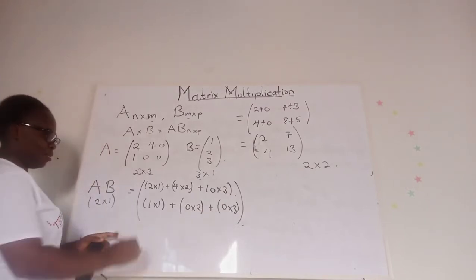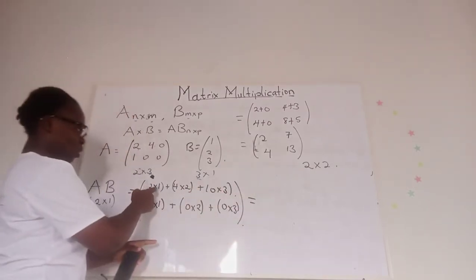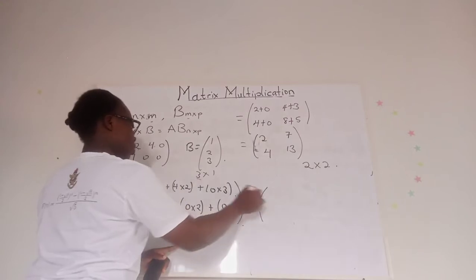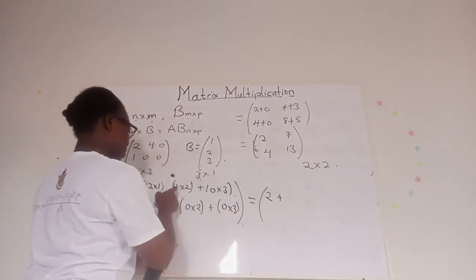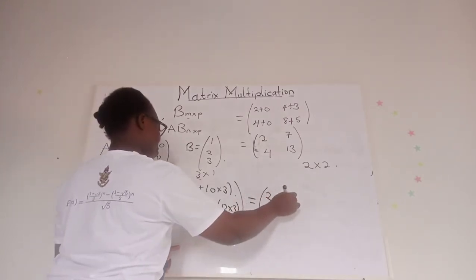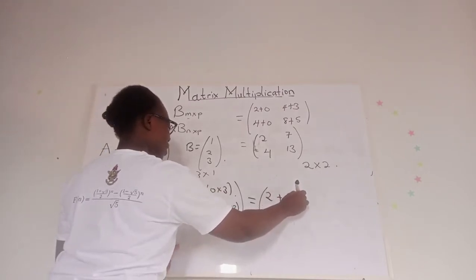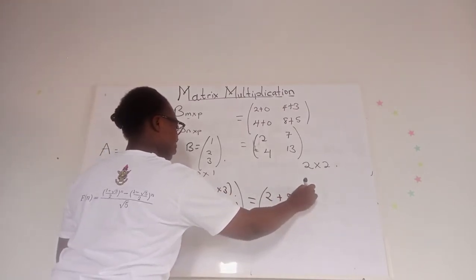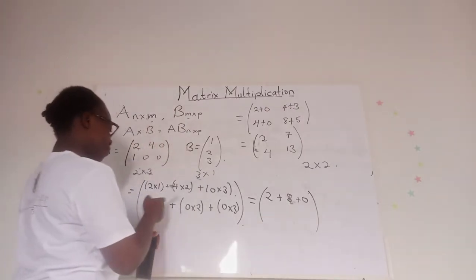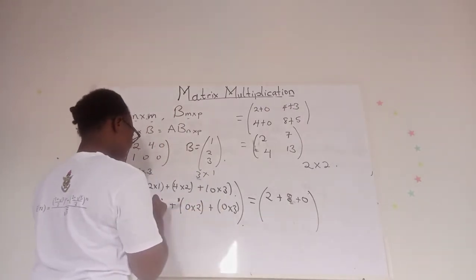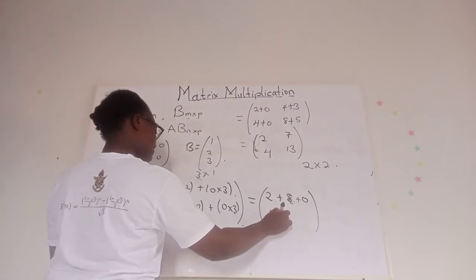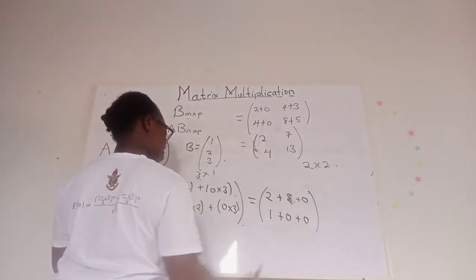Okay, so now let's check. So I have 2 plus 4 times 2, which is 8, plus 0. Then I have 1 plus 0 plus 0.